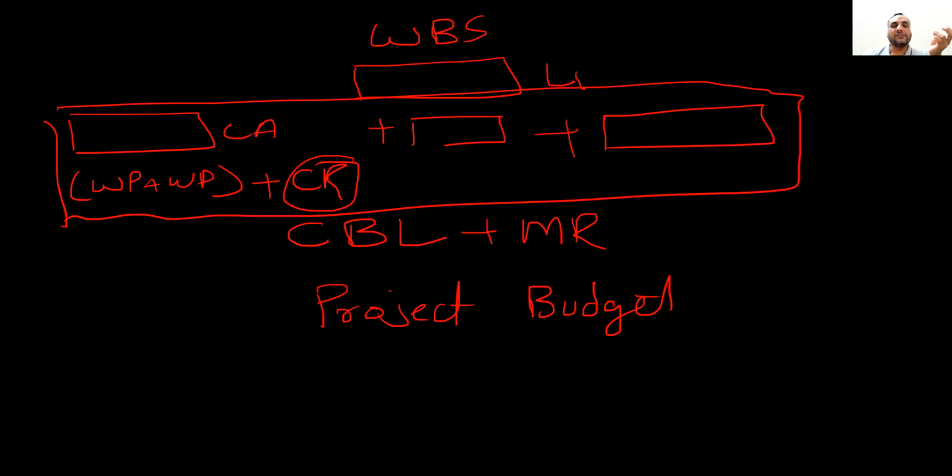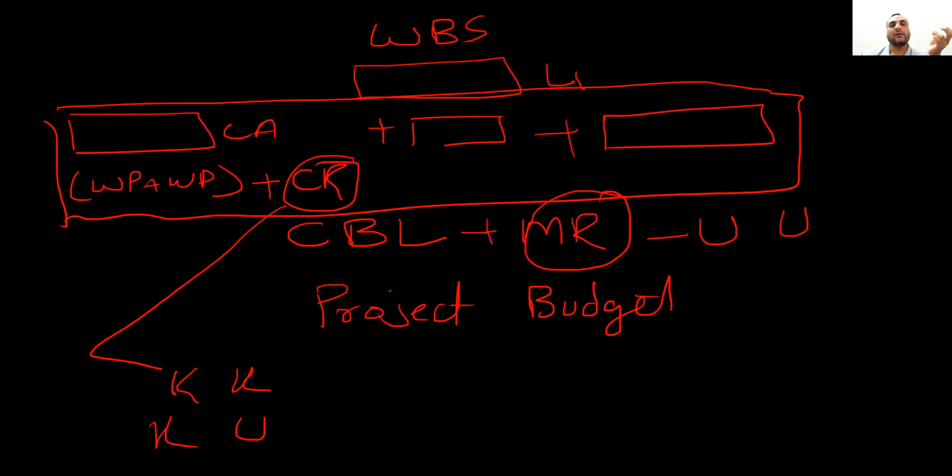What are the contingency reserves? They are added in the cost estimates for known risk, known impact, or known risk, unknown impact. What are the management reserves? Unknown risk and unknown impact. So WBS is prepared, and also the WBS dictionary. What is the WBS dictionary?